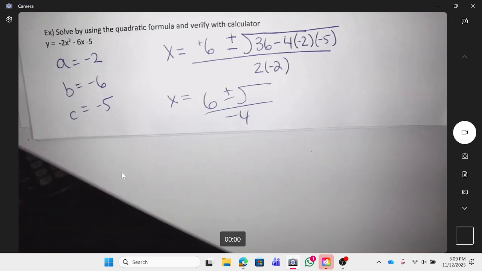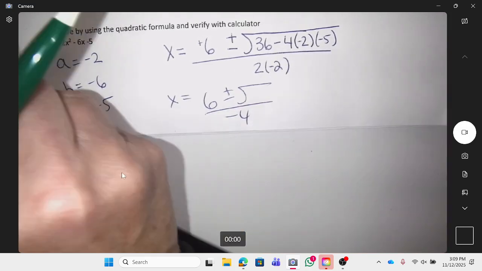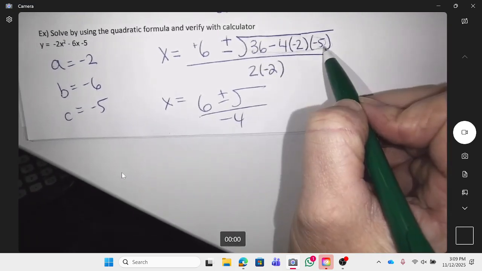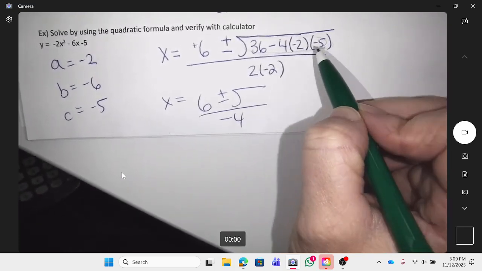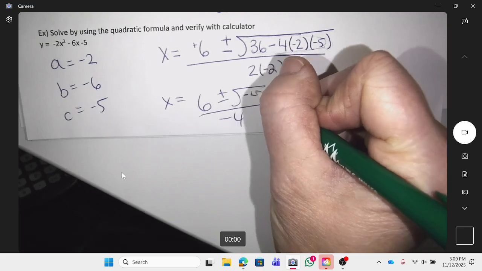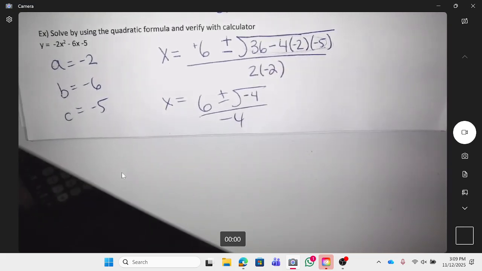Okay, calculator, just what is this value under here? 36, subtract 4 times negative 2 times negative 5. I got negative 4.